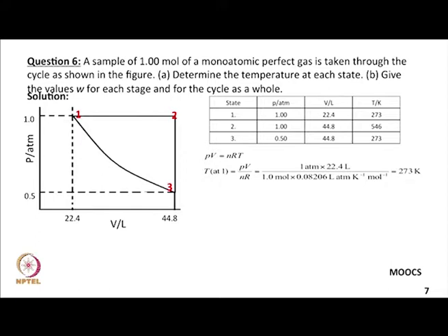However, at stage 2, where the volume is doubled, the pressure is the same at stage 1 and 2, only the volume is doubled. So, therefore, using PV by nR, the temperature should also be double that at stage 1, that is 546 Kelvin.